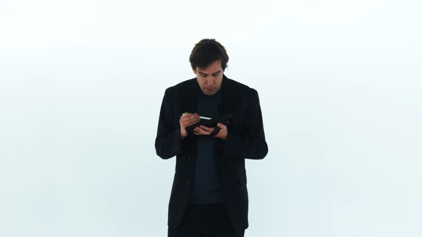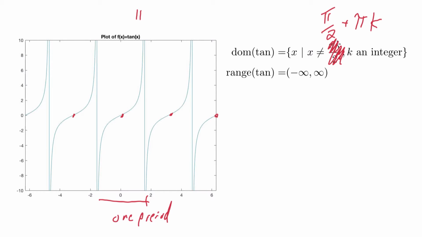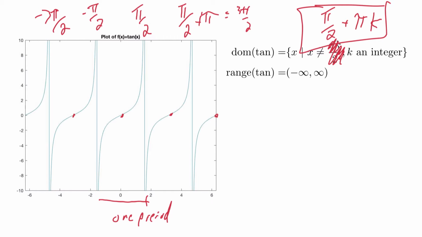And we see we have problems at pi over 2, pi over 2 plus pi, aka 3 pi over 2, minus pi over 2, minus 3 pi over 2. So my issues are at these points.